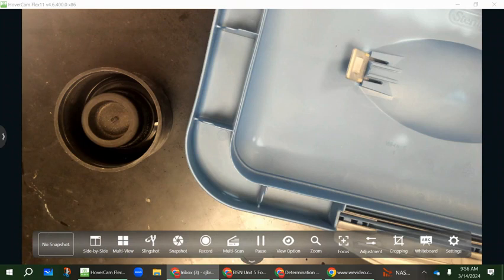And then it stops. Now it's covered up. As soon as that stops flowing, it stops flowing.